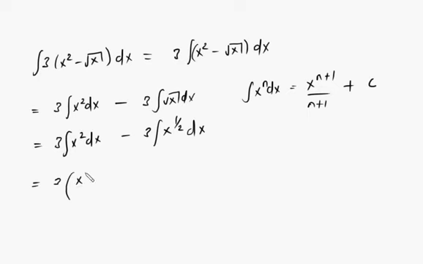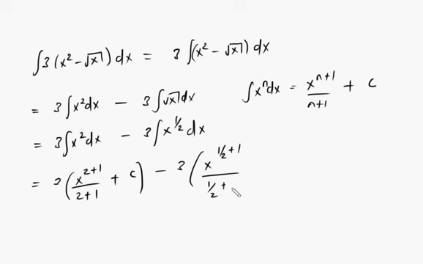Itakuwa ni x power 2 plus 1 over 2 plus 1 plus c, hivyo. Kwa x power n, x power 2 manake ni x power 2 plus 1. And then huku sasa, nitakuwa na x power 1 over 2 plus 1 over 1 over 2 plus 1 plus c. Like this.